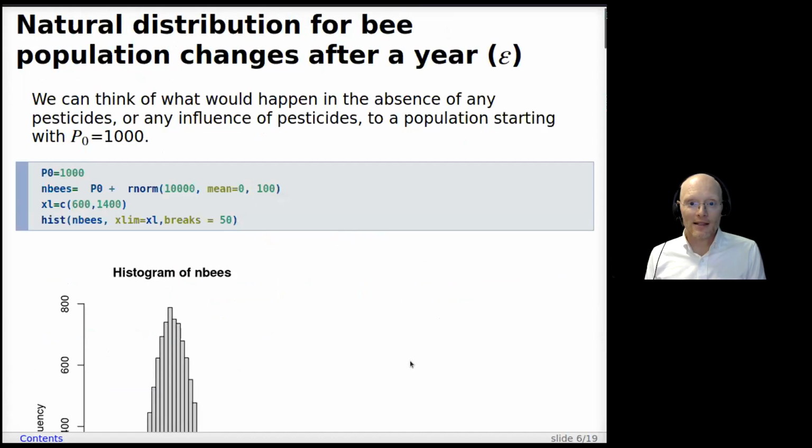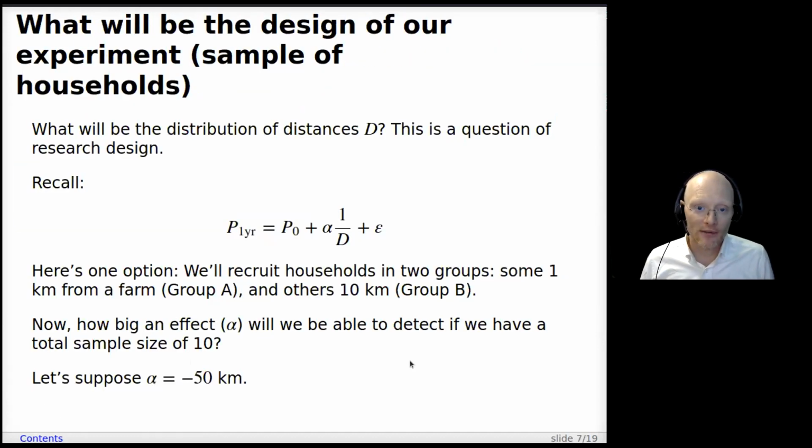Okay, so now that was thinking about what happens if there's no pesticide. Now let's think about what happens if we actually design this research project, given that there is pesticide. So proximity to farms, this term here matters. So what's going to be the distribution of distances D? And as I just mentioned, we could actually choose this, control this in our research design.